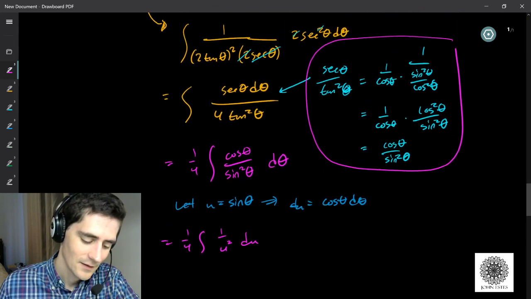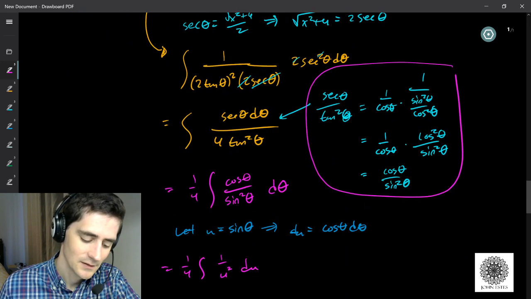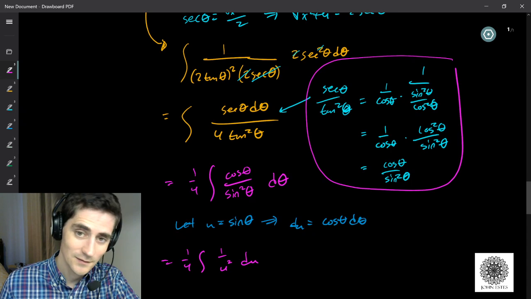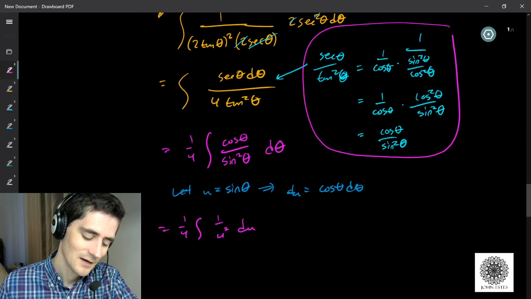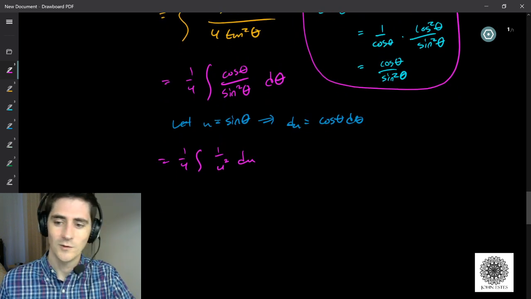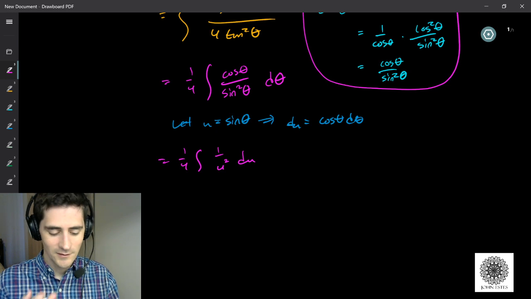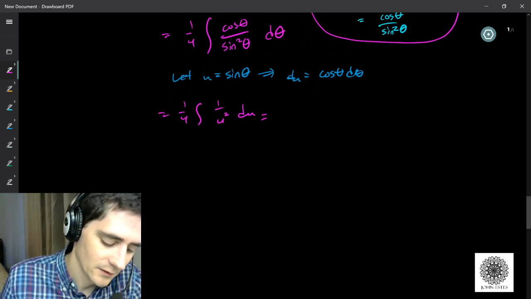Okay, so just to recap, we started with x's, and we turned them into thetas, secants, and tangents, and then we had to turn it into sines and cosines, and now we've turned it into u's. So once we get this integral, we're going to have to work all the way back through the thetas back to the x's, okay?